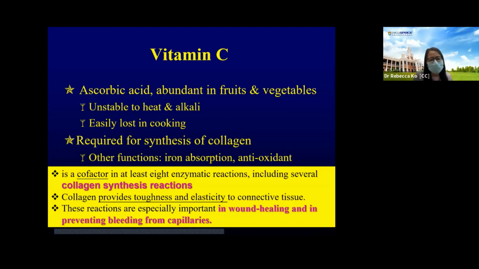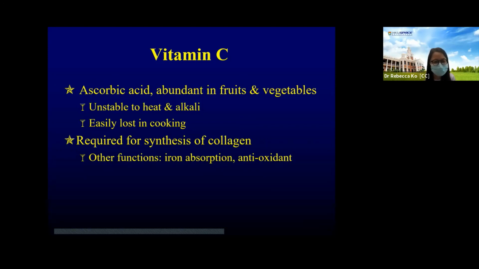Collagen provides toughness and elasticity to the connective tissues. That's why ladies need this. These reactions are especially important in wound healing and preventing bleeding from the capillaries. So not just the ladies, boys, you need that too.